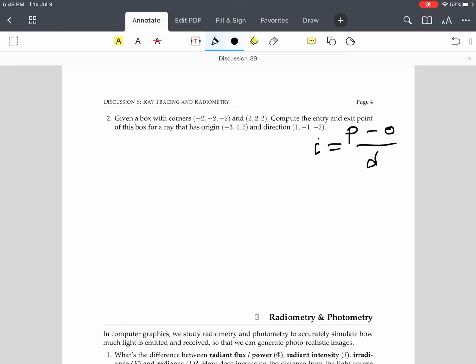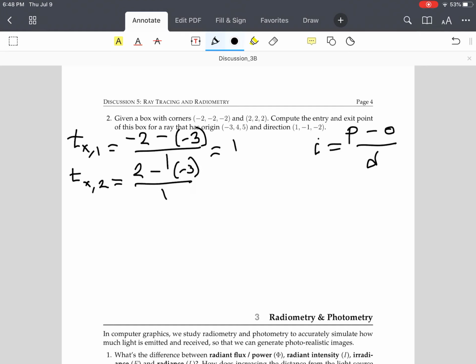Let's start in the x direction. So the time of the first x intersection, tx1, we're going to take -2 for the position, that's one side, minus the origin, so that's -3, all over 1. And so that's going to be 1. Then let's look at the other side, tx2. Now this time, instead of -2, we're going to look at 2, that's the other side. Still -3 for the origin in the x, still 1, and so that's going to be 5.